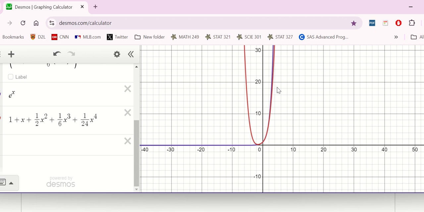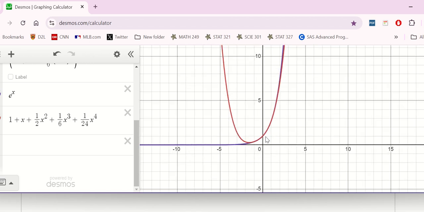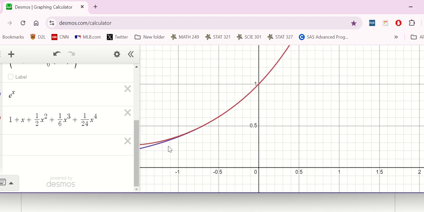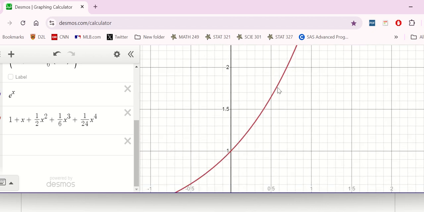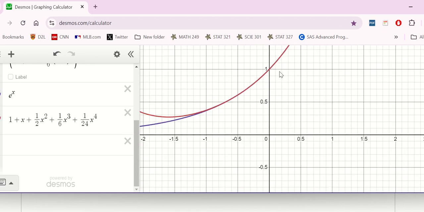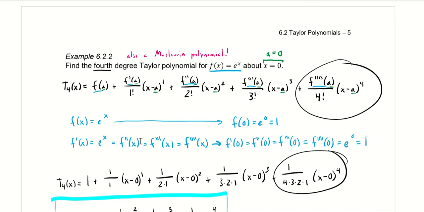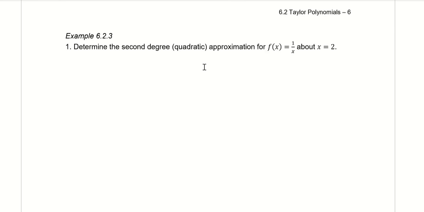So notice, I got to zoom out a little bit, but it starts to, especially over here, not behave quite like the function in purple, but near 0, we've got really good similar behavior between these two functions. So we're not going to approximate anything with this one. I just wanted to give you another example, one where calculating the derivatives is not that much work. So you could do a higher order polynomial if you wanted to. But let's do one more where we do another approximation.